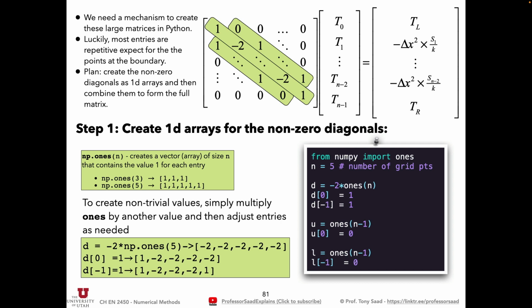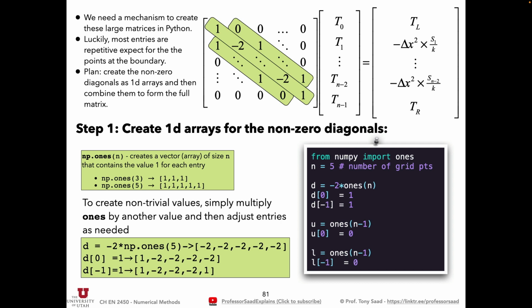The idea was, if we know what the entries in these primary diagonals are, how about we build them as one-dimensional arrays, just vectors, and then tell Python, put these in a matrix on a given diagonal. And we learned a few tricks to do that.